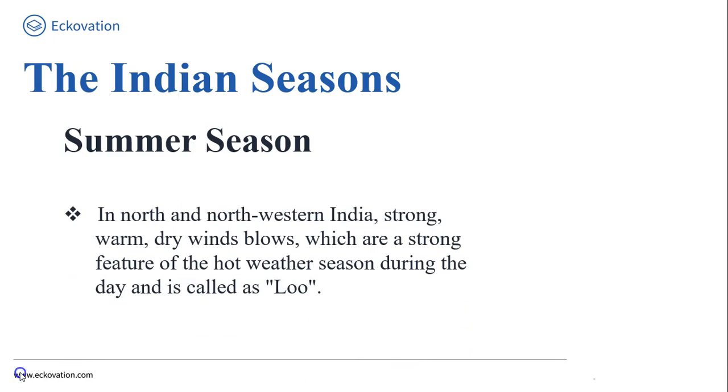Friends, as we know, in north and northwestern India a strong, warm, dry wind blows, which is a strong feature of this hot weather season during the day, and it is usually called loo. This loo sometimes continues until the late evening also.